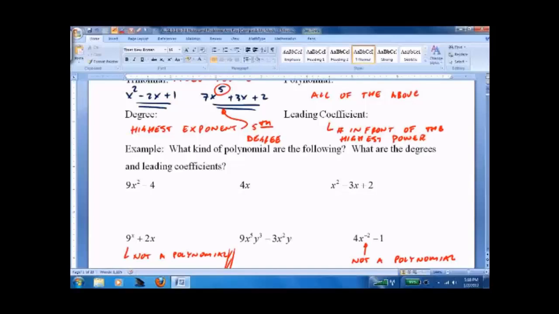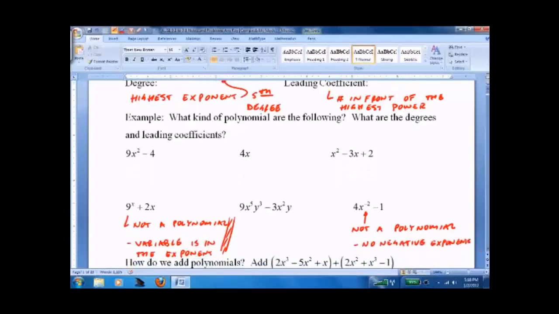So let's do examples. Which ones are polynomials, which ones aren't? Well, all the other 4 are polynomials. So this is a binomial. It has a degree, and I will abbreviate, of 2, and the leading coefficient is 9.